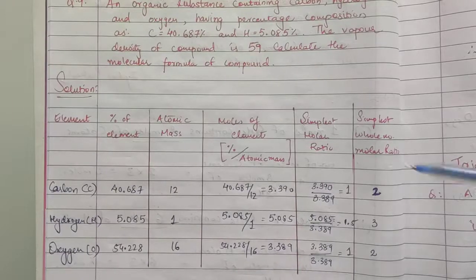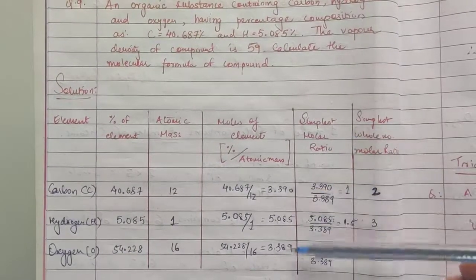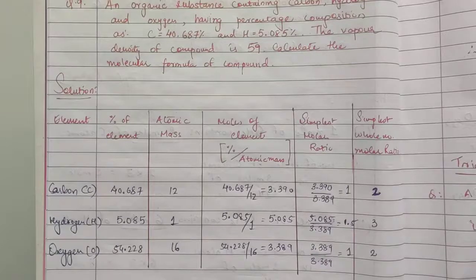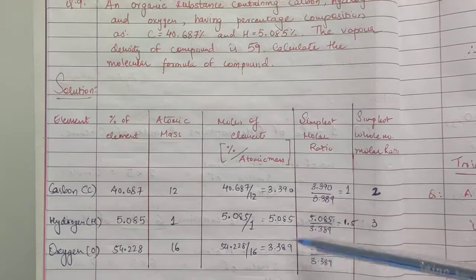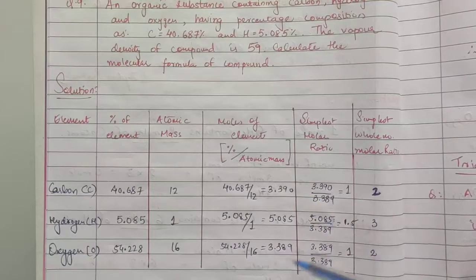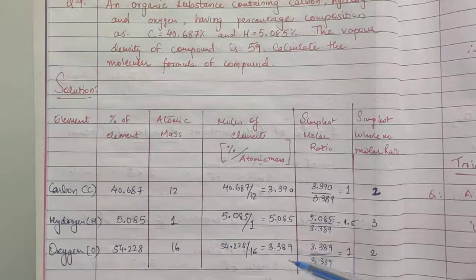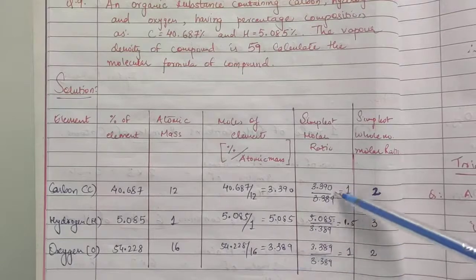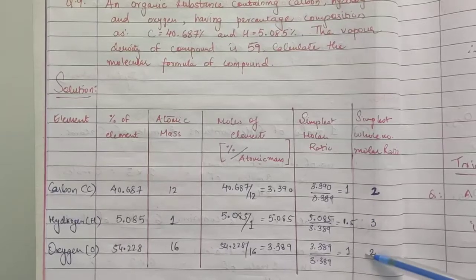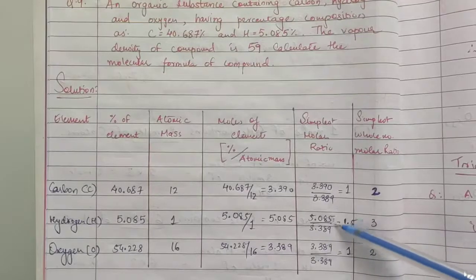Now the next row, the simplest molar ratio, students. From these three moles, whichever has the lowest number, you just need to divide all three by that. So 3.390 divided by 3.389, because 3.389 is the lowest, then 5.085 divided by 3.389, and 3.389 divided by 3.389 itself. The first is approximately equal to 1, the last is obviously 1, and 5.085 divided by 3.389 gives 1.5.